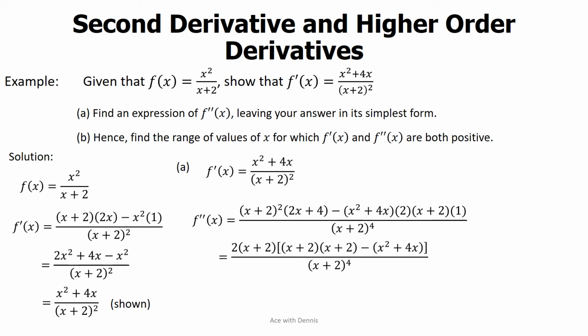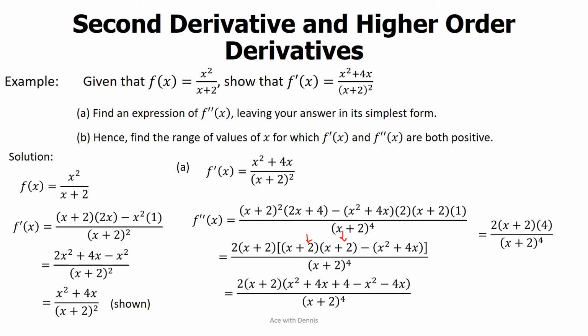So we can actually factorize the common factors of 2 and x plus 2. And we are left with 2(x plus 2) times (x plus 2) minus (x squared plus 4x) over (x plus 2) to the power 4. So we open the bracket and simplify further.